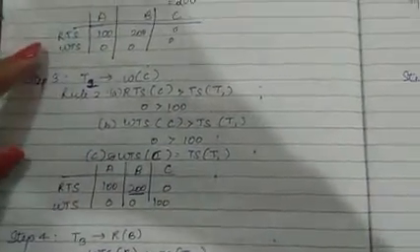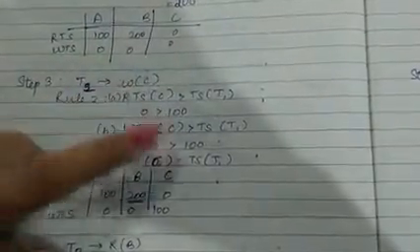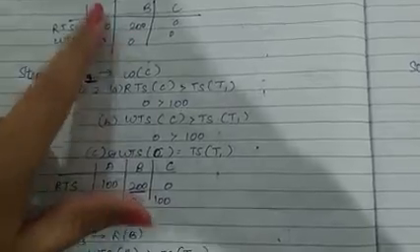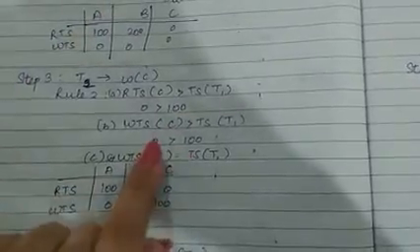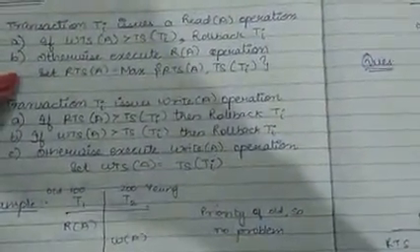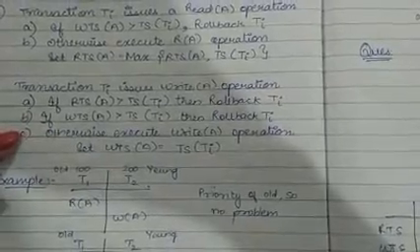The value of WTS(C) is 0, and TS(T1) is 100. Is 0 greater than 100? No, it is not. So we proceed to step C. Otherwise, execute the write C operation.